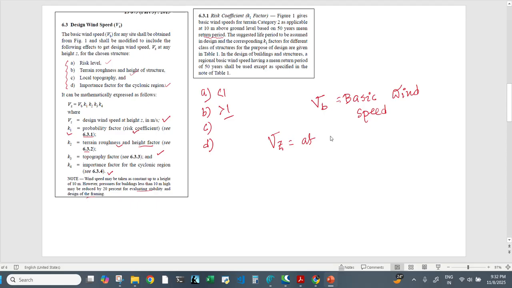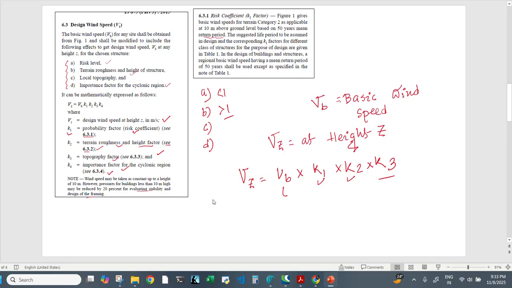at height Z. Then Vz is equal to VB into K1 into K2 into K3. VB is the basic wind speed, K1 is the risk factor, K2 is the terrain roughness and height factor, which we will see in clause 6.3.2, K3 is the topographical factor and K4 is the importance factor.